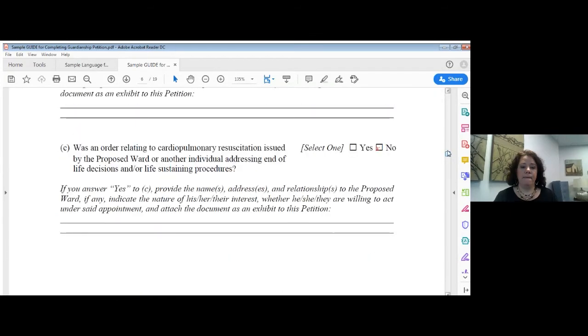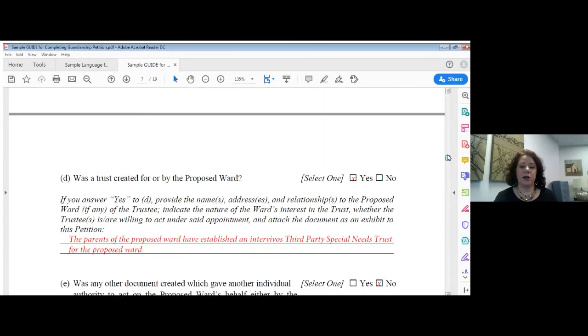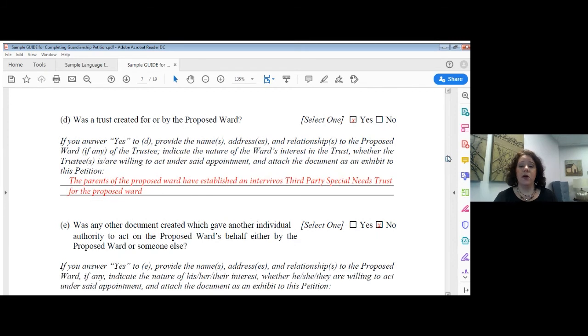Okay. So next, it starts asking about trusts, which if you have done estate planning for yourself, your child very well may have a trust, or if your child has ever gotten any litigation proceeds that have been placed into a trust, your child may already have a trust. So this is simply the court asking, hey, is there any sort of trust in place for this child? So if there's not, of course, you would just say no. But if there is, you can say yes.